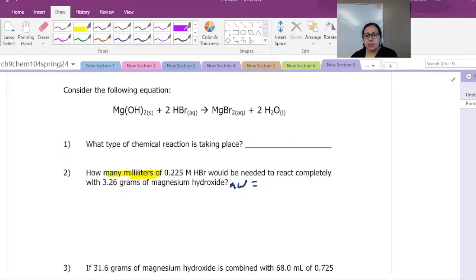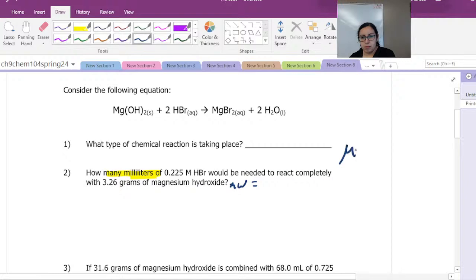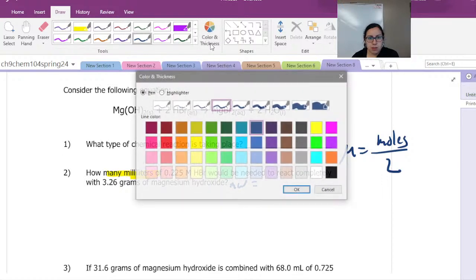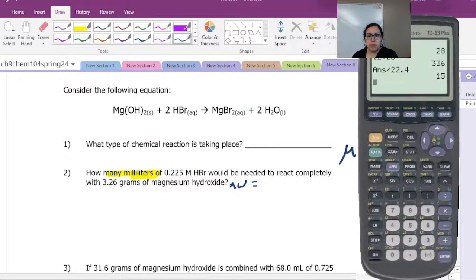Any masses? What's molarity again? Moles over liters. So what's our molecular weight of magnesium hydroxide? So we could add it up, right?